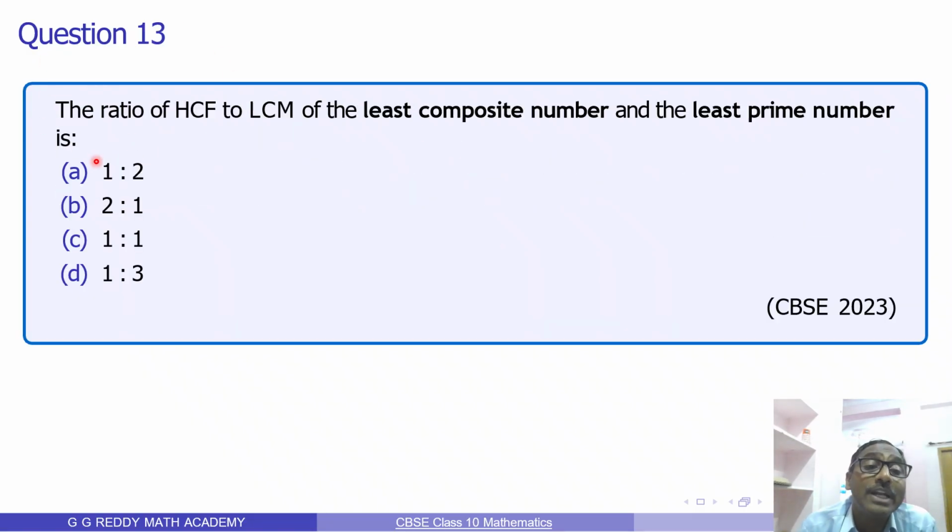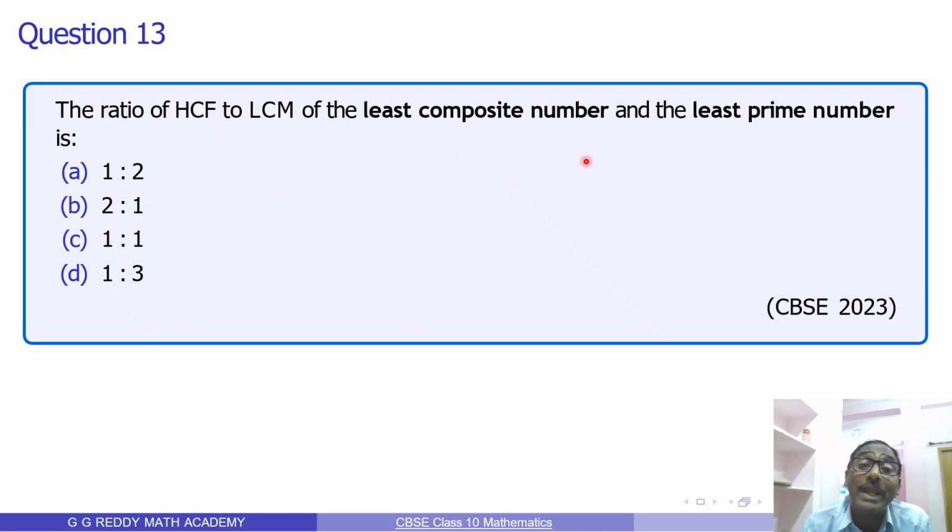Next, question number 13. The ratio of highest common factor to least common multiple of the least composite number and the least prime number is. First we have to find the least composite number. After that we take the least prime number. Then we find the highest common factor of the least composite number and the least prime number.